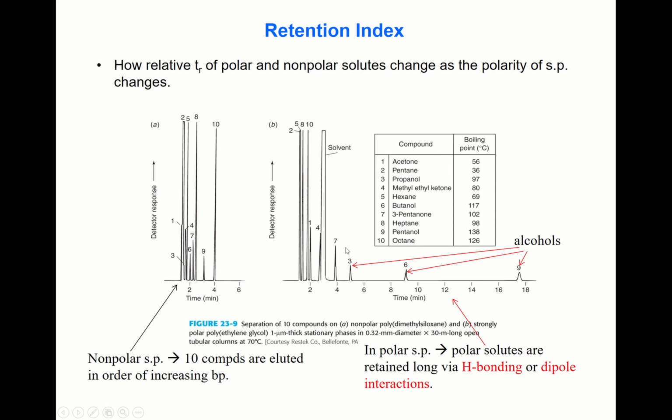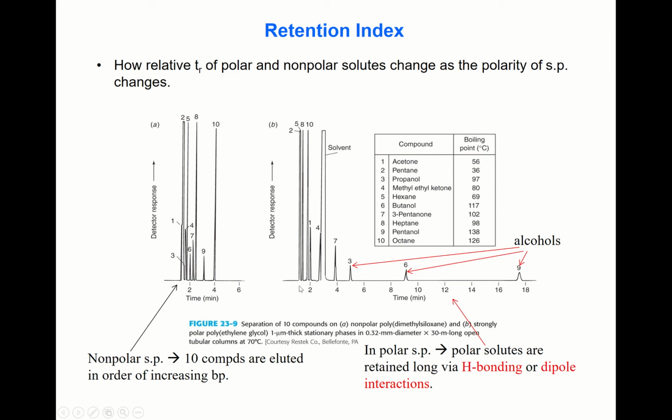Chromatogram B was obtained with a strongly polar polyethylene glycol. The thickness is the same: a 1 micron thick stationary phase in a 0.32 millimeter diameter, 30-meter long open tubular column at 70 degrees C.